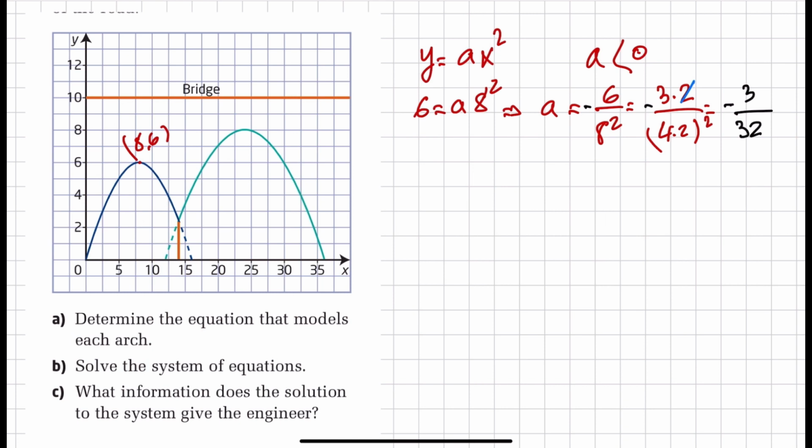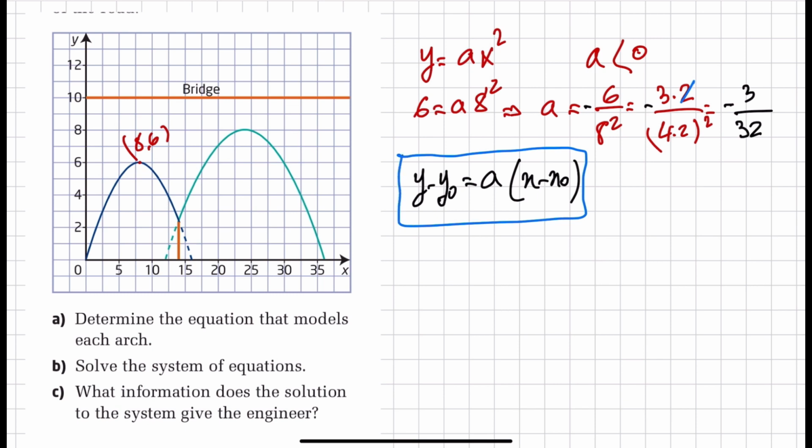So I can directly write my equation. My equation is y minus y0 is equal to a times (x minus x0) squared. This is the general formula of a parabola. I always encourage you to use the first one to find a. If you are looking for your a, use that formula, and when you want to build your equation, use this formula. So now I will build my equation. I'm always using this point, x0, y0.